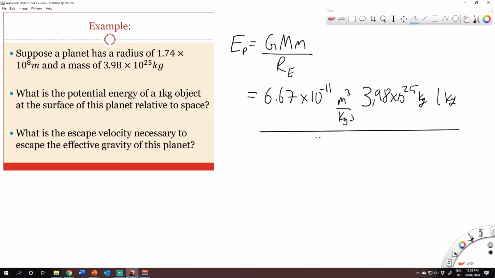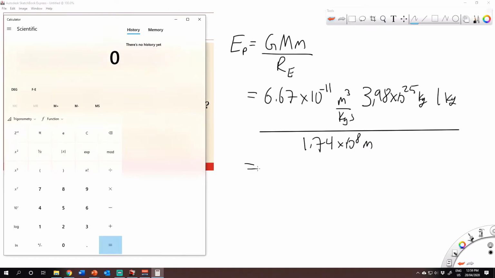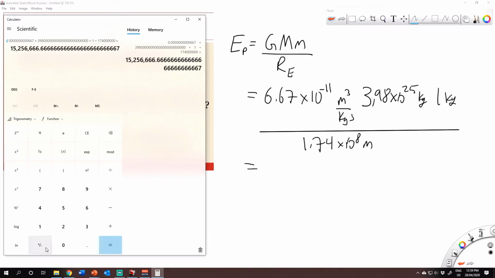Dividing this by the radius of the planet, which is 1.74 times 10 to the 8 meters. Throwing that into our calculator, we get 6.67 to the negative 11 times 3.98 to the 25 times 1 divided by 1.74 to the 8.